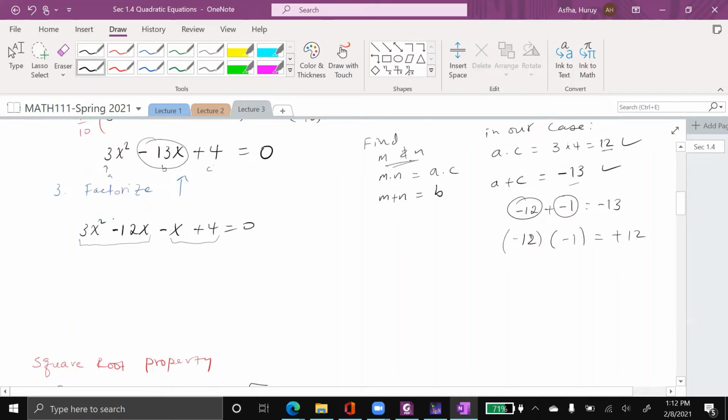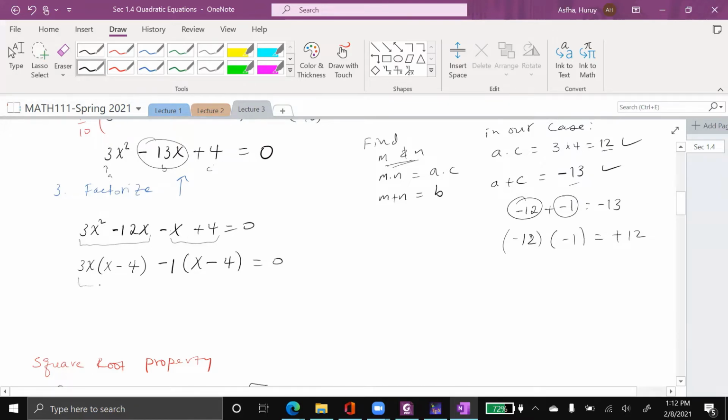From the first group, the common factor is 3x, and the remaining part is x minus 4, because if you distribute this one, you get this. From the second group, the common factor is negative 1, and then we have positive x and minus 4, which equals 0. And then from here, as you can see, we have two factors again.